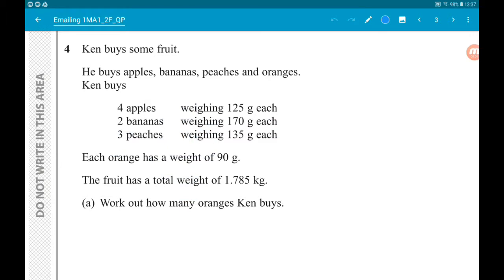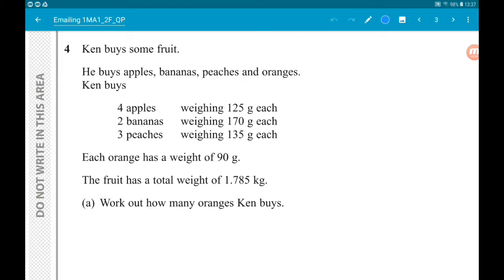Okay, number 4. Ken buys some fruit. He buys apples, bananas, peaches, and oranges. Ken buys 4 apples weighing 125 grams each, 2 bananas weighing 170 grams each, and 3 peaches weighing 135 grams each.